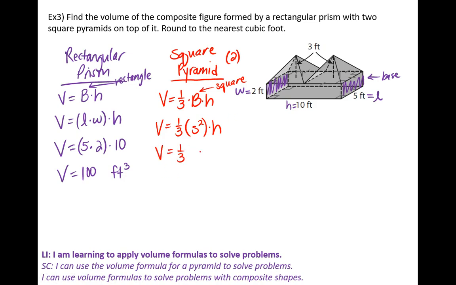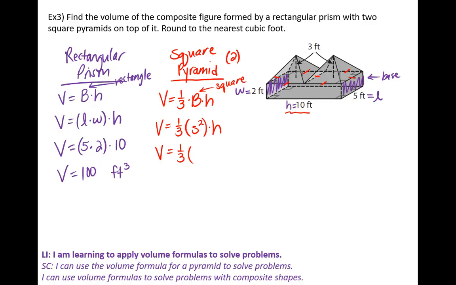I have 1/3. I need to know what is the side length for one of my pyramids. So on this one, if we look carefully, there's a lot of markings going on in there, but there's a tick mark here and a tick mark here, and there's one here, and there's one here, and there's one here. We were told these are square pyramids, so we would expect all of those side lengths to be the same. If those are going to be the same and there's 2 of them and the distance across that whole thing is 10, then each side must be 5.